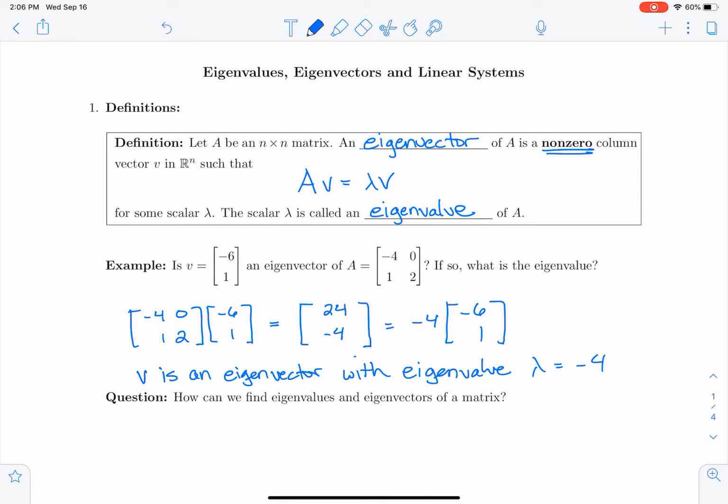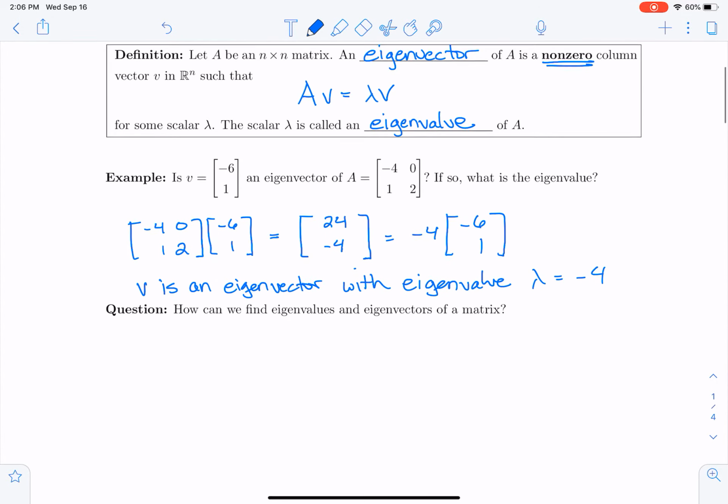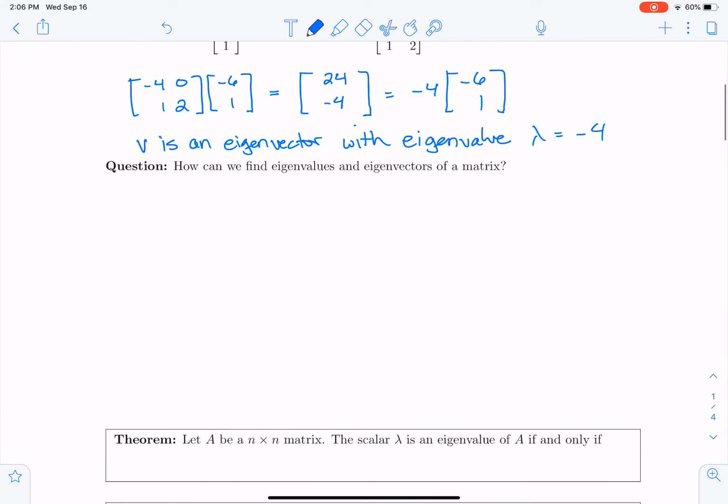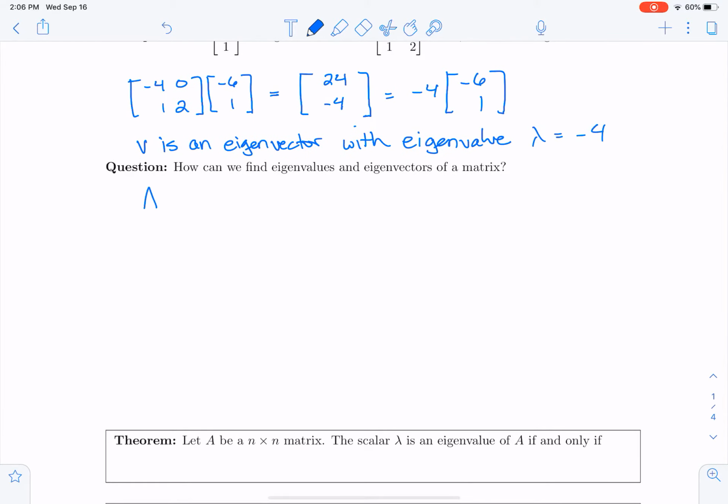The next question, of course, is how can we find eigenvalues and eigenvectors of a matrix? Well, essentially, we want to solve the equation A times V equals lambda times V. But we can rewrite that as A times V minus lambda times V equals 0.